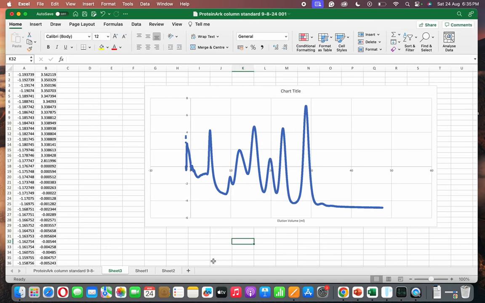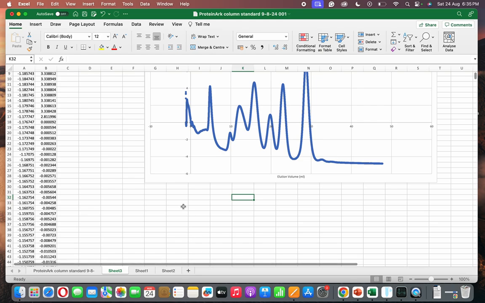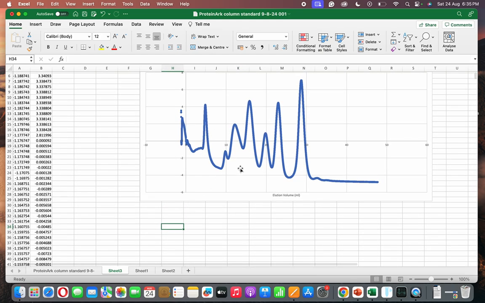So now what I have to do is find the elution volume of these 5 peaks and then plot that versus the log of the molecular weight. Let me just list the elution volumes of these 5 peaks. This has elution volume of 12.5. This is 16.0. This is 20.